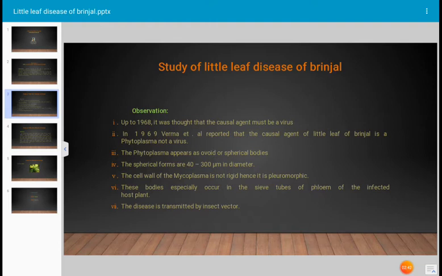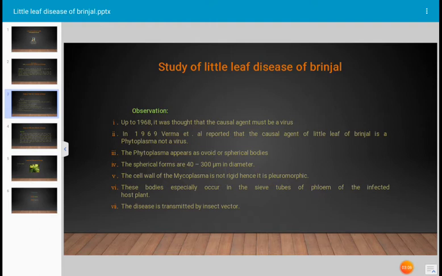The phytoplasma or mycoplasma appears as ovoid or spherical bodies. The spherical form is generally 40 to 300 nm in diameter, and it has no cell wall. Cell wall is absent in phytoplasma or mycoplasma.